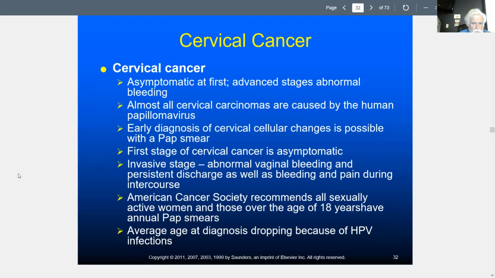We talked about cervical cancer. The problem with cervical cancer is that it's largely asymptomatic until people get really far along the path. And so that's why we like to see Pap smears early on, because it can catch disease before we start seeing any sort of symptomology for the patient.